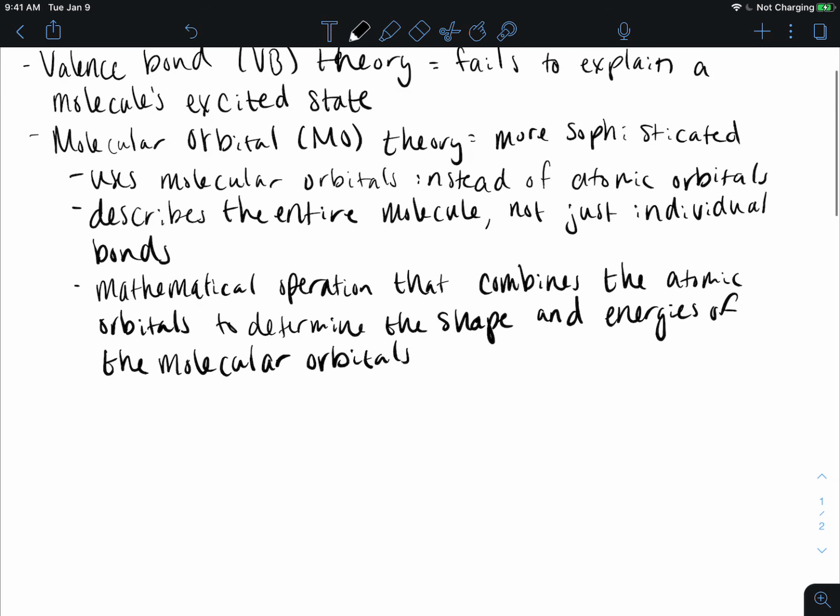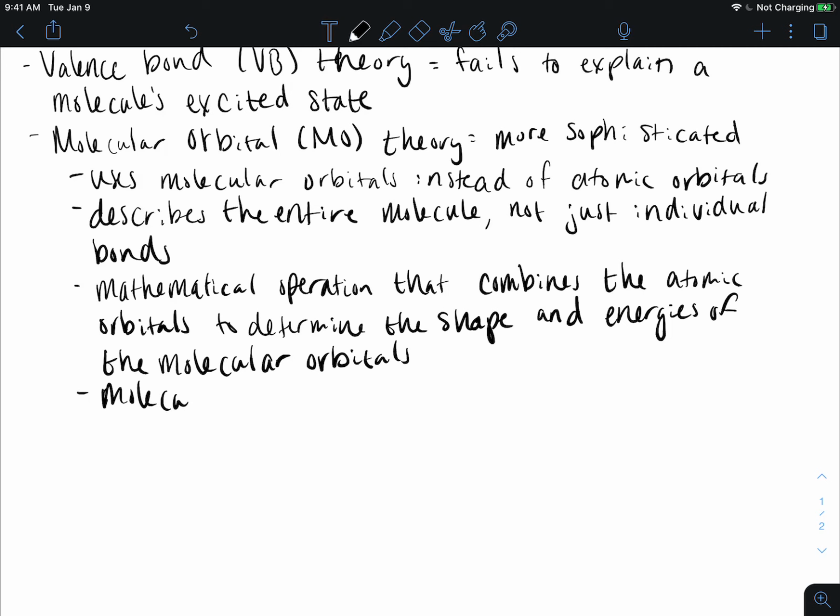Okay. So we still have the same rules applied as we do with atomic orbitals, where we follow Hund's rule, we follow Pauli exclusion principle, and the whole idea of atomic orbitals in, molecular orbitals out also applies.